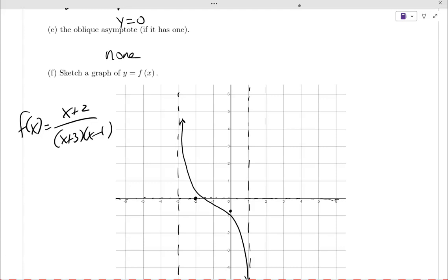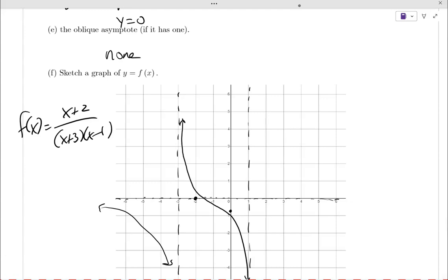Okay? So put in like -4. On top, it's going to be negative. On bottom, it'll be negative times negative. So we got negative over positive, which makes negative. So it must go downward this way. Pick a number on the right side.